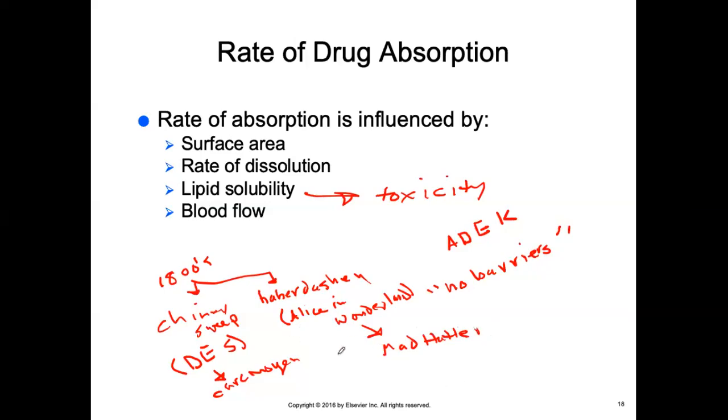Well, this is based on an actual thing, right? The haberdashers would try on the hats to size them, right? And the hat bands were treated with elemental mercury, okay, which is a lipid soluble, heavy metal. And when it's processed by the body, it becomes a neurotoxin.